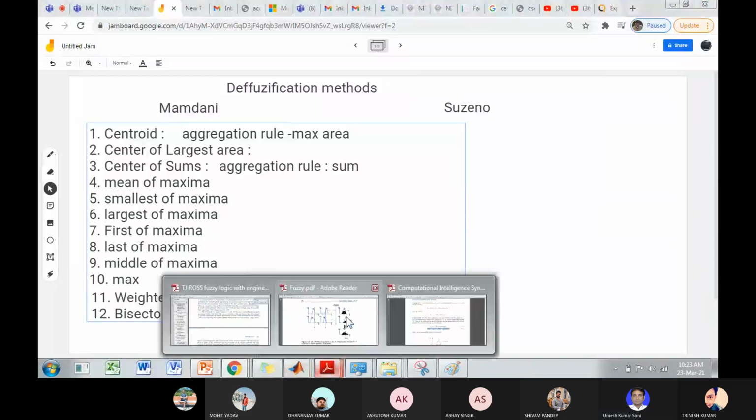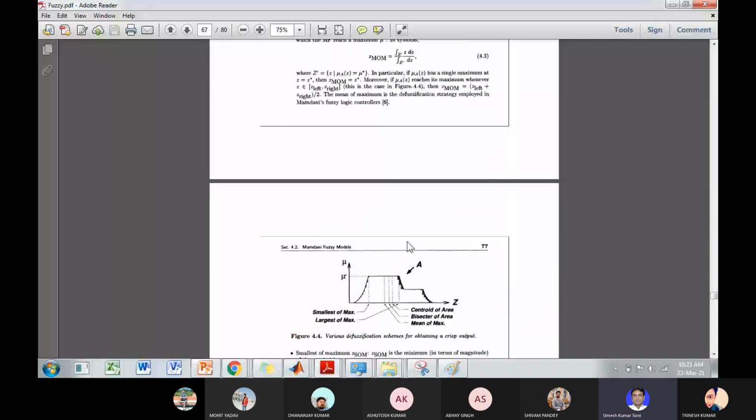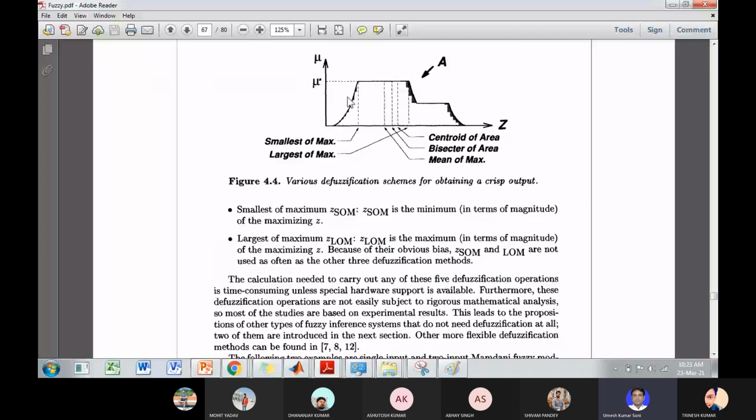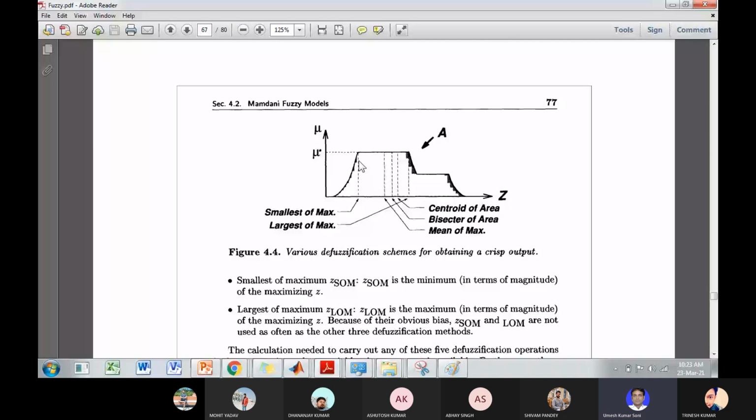First of maxima is this portion, and last of maxima is this portion. According to the value, the smallest of maximum is this point, and the largest of maximum is this point. So there are different defuzzification rules.